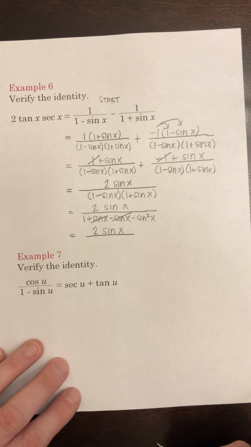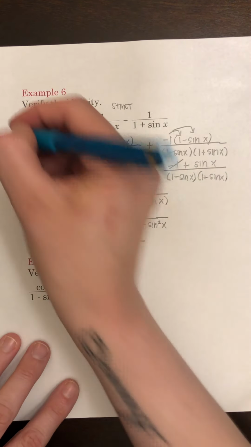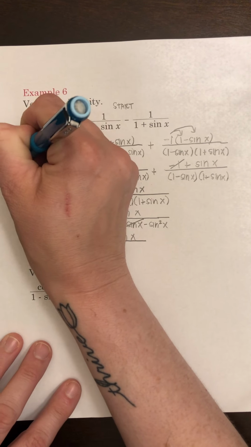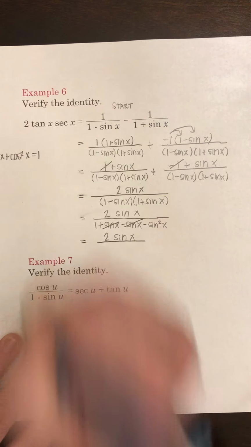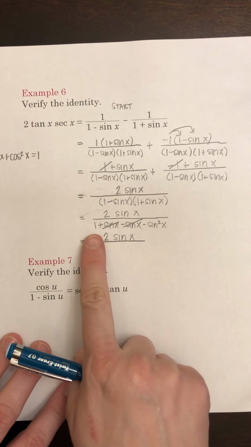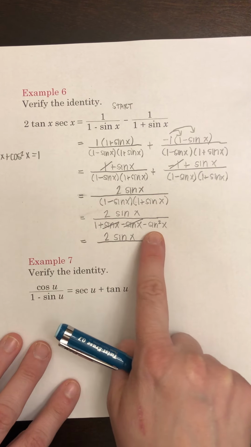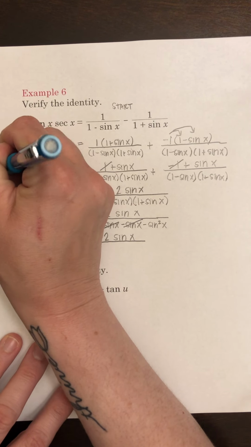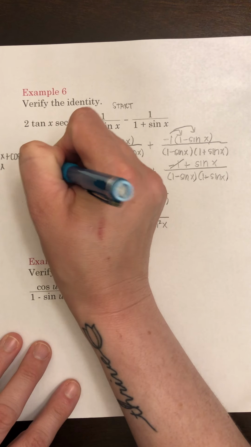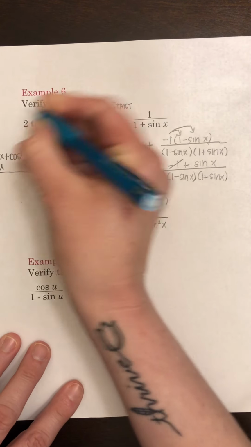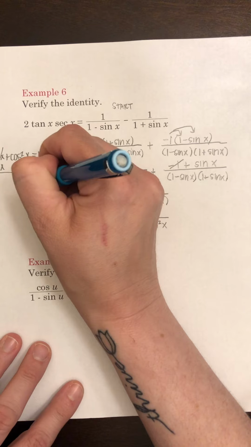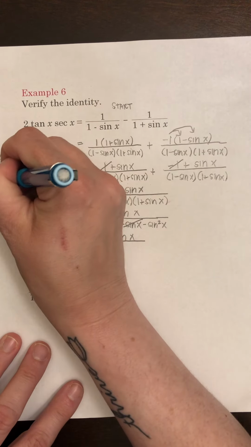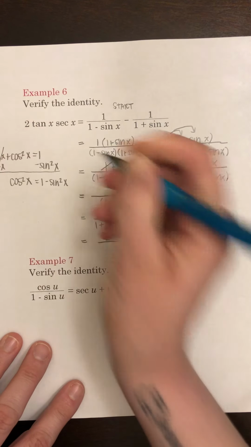Let's go back and talk about this denominator for just a minute, and I'm going to go back to that first Pythagorean identity. Right here I have 1 minus sine squared x. So if I were to move that sine squared x over to the other side, what's left? Well, we now know that 1 minus sine squared x is the equivalent to cosine squared x.